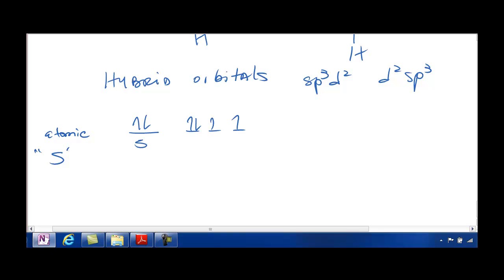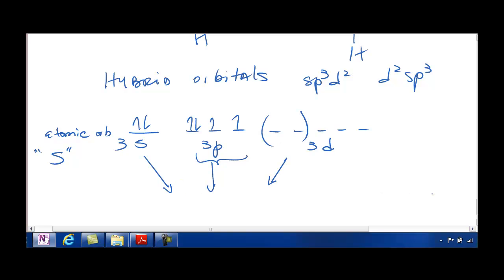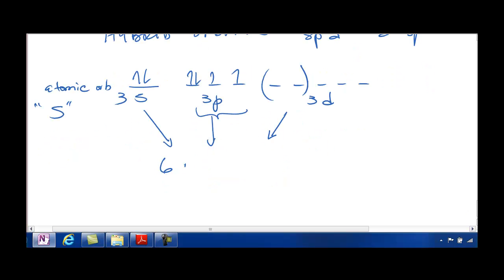Atomic orbitals, and the D's were empty. And now I take this guy, all three of these guys, and two of these guys. So I'm making 6 new hybrid orbitals.